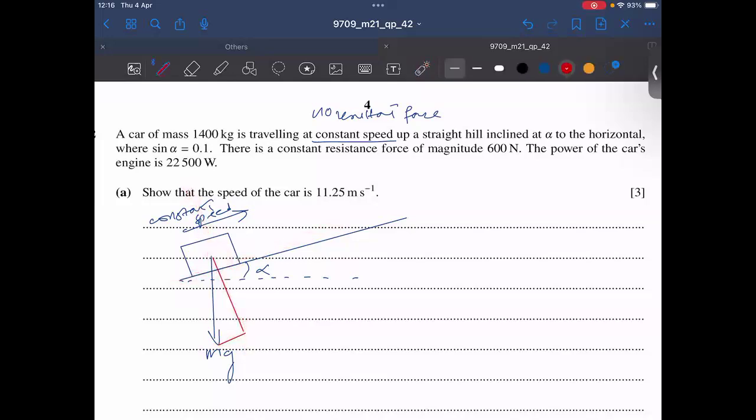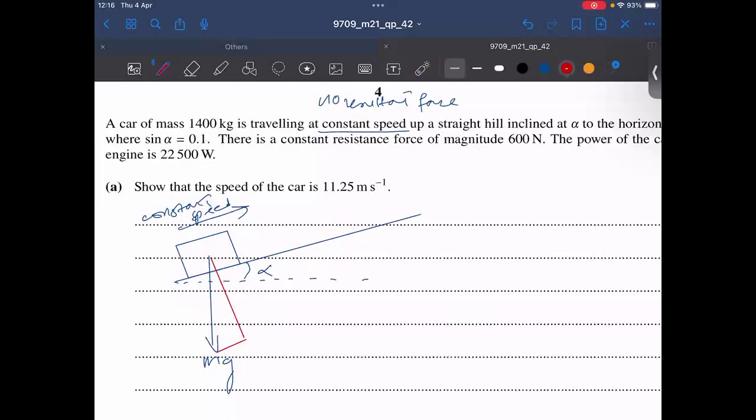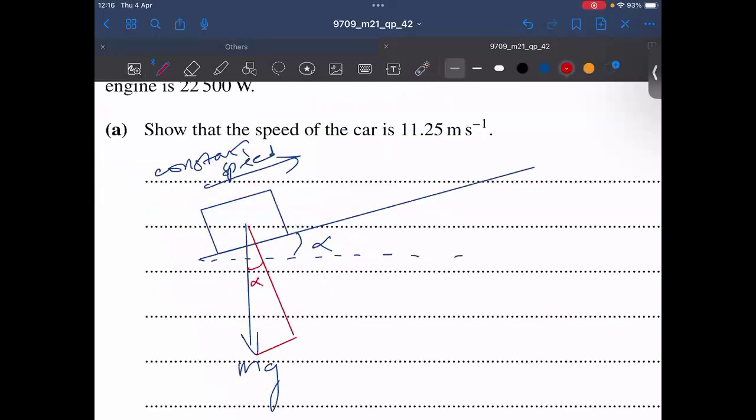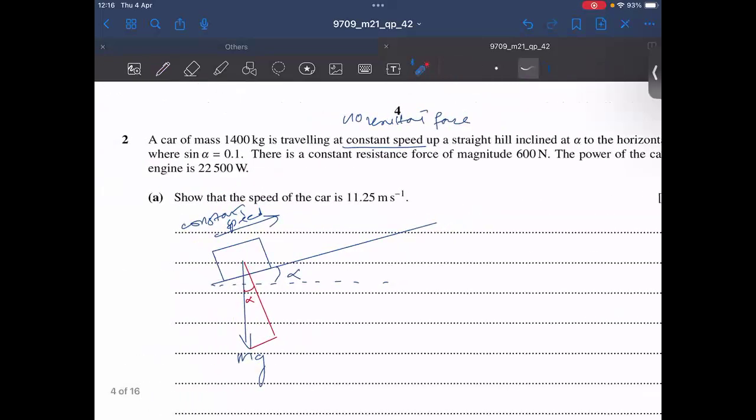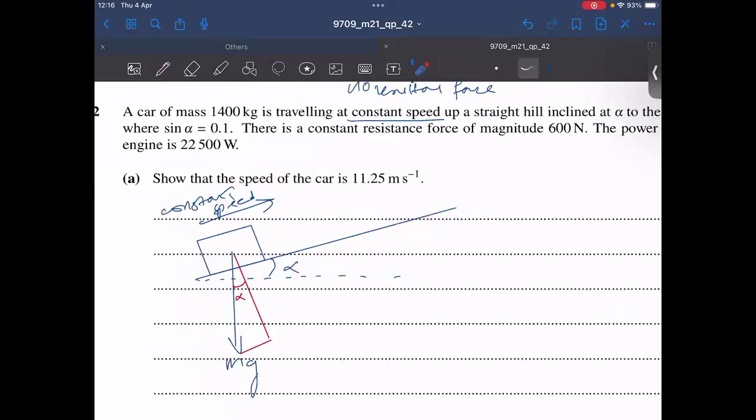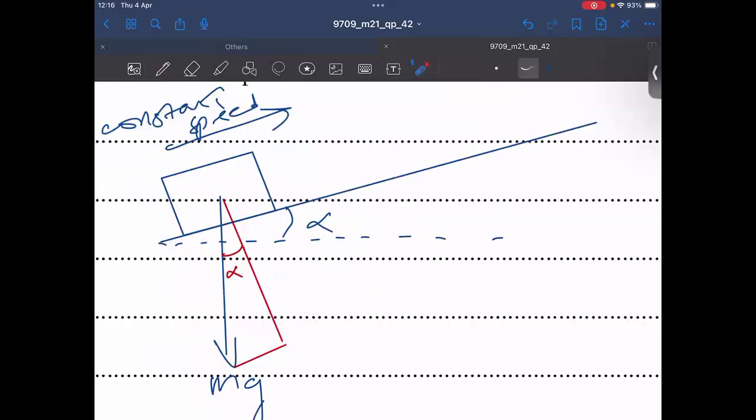And this angle is going to be alpha as well. Now, how is this alpha? Whatever angle at which the hill is inclined, we have the same angle that forms over here. This is as per mathematics.